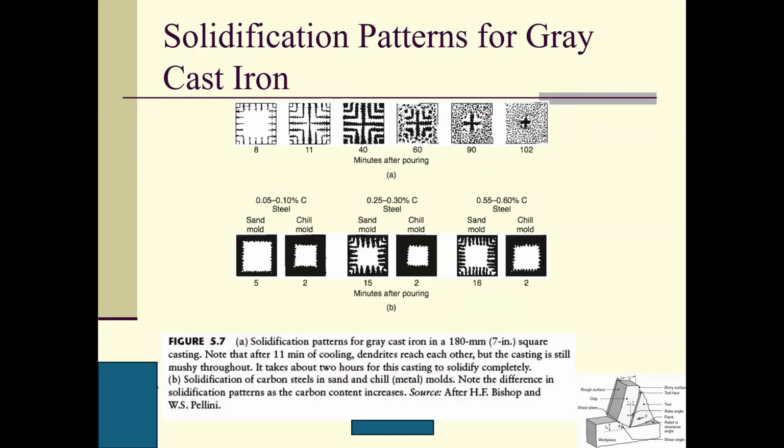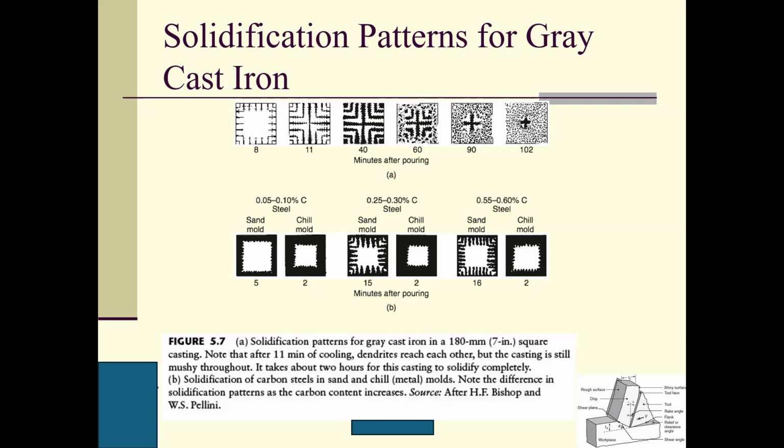The first one is for the green cast iron, and the second one is for carbon steels in sand and chill molds. Note the difference in the solidification patterns as the carbon content increases. Even if you are using the same mold, they are different.